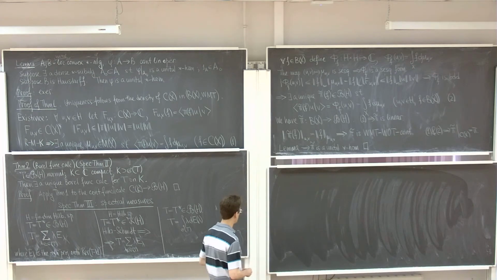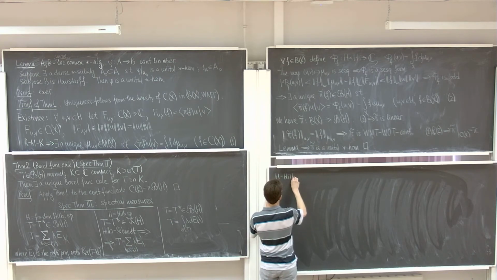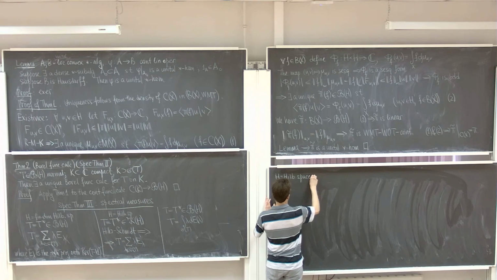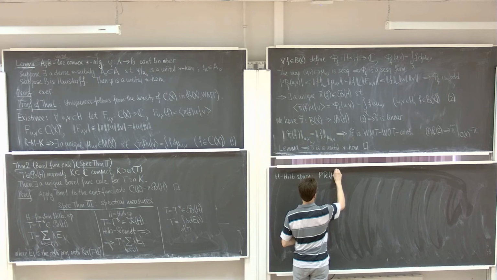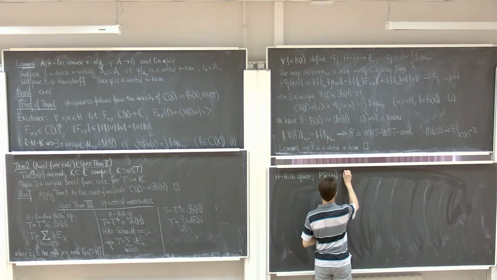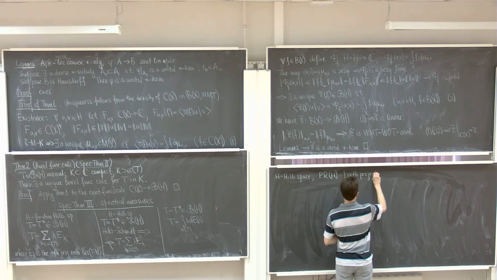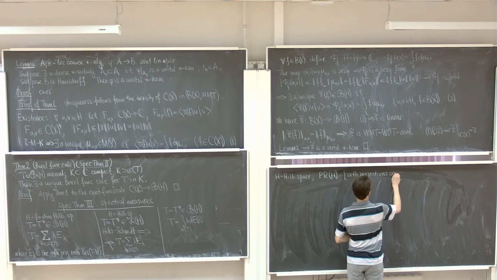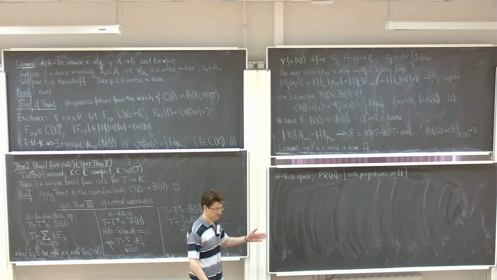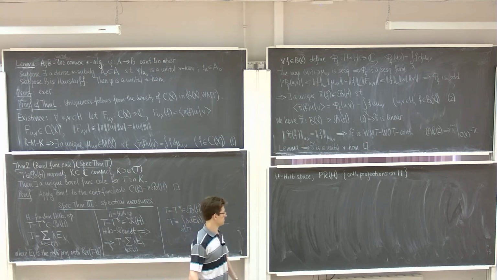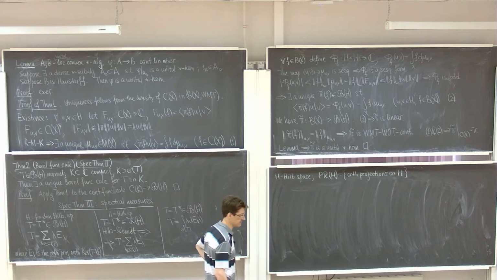Okay, so as usual, we denote by H a Hilbert space. And let's denote by PR of H the set of all orthogonal projections on H. An orthogonal projection is an operator which projects H onto some closed vector subspace along the orthogonal complement.